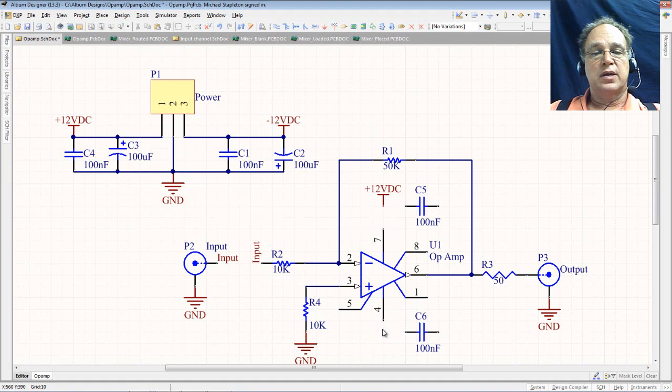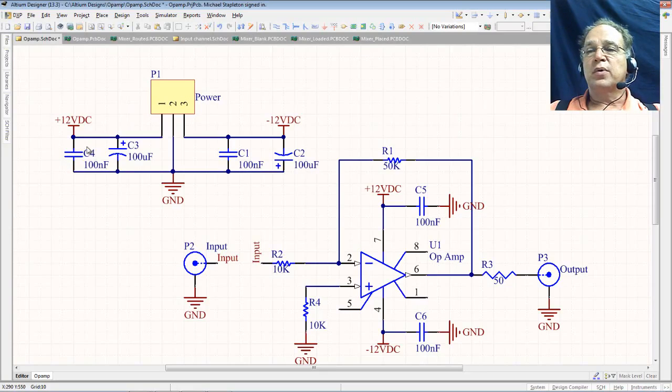I'll move this net. Get my wiring tool again. You see how I'm wiring these up. And I'm going to come up to my toolbar, grab my ground, place my ground, place my ground, and I have my inputs wired.